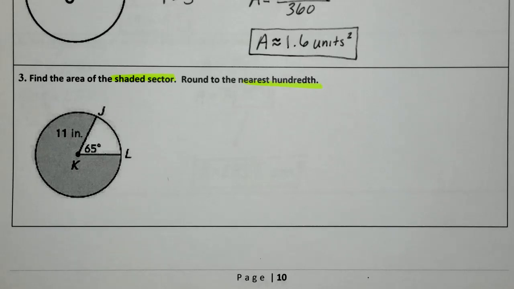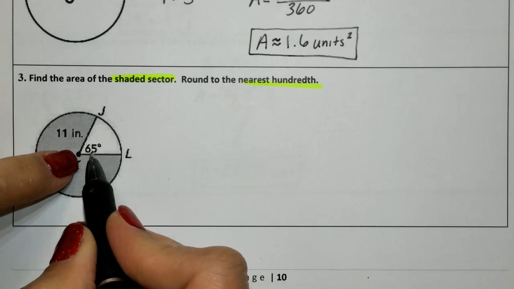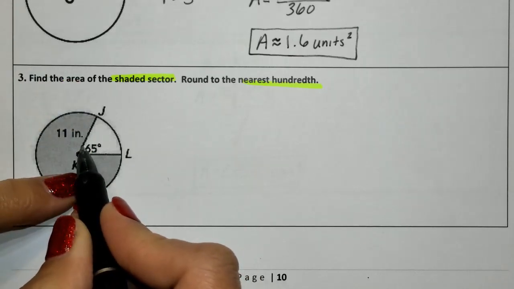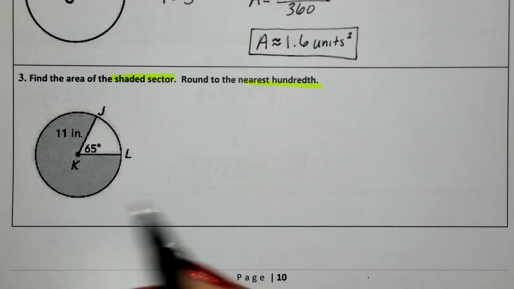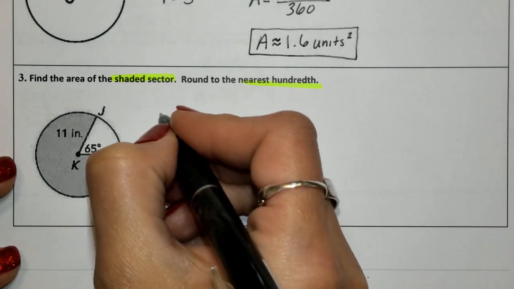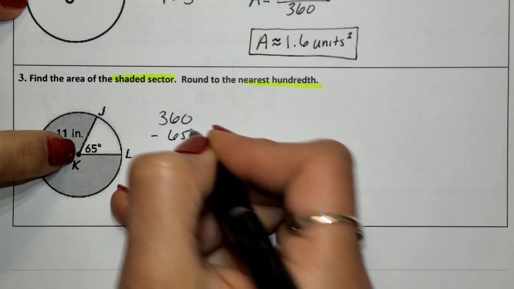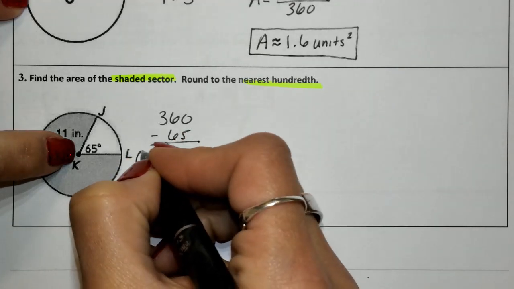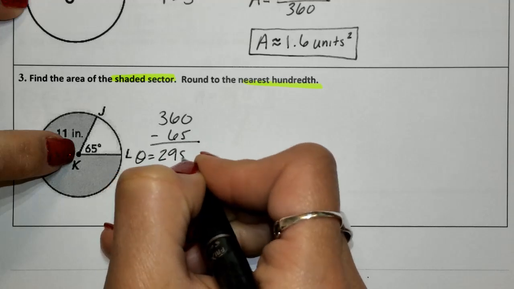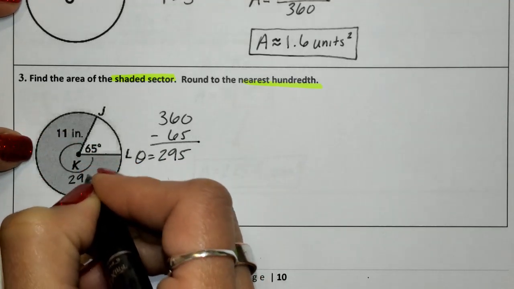All right, let's first start off with we need theta. 65 is not the theta of the shaded sector. It is what's left over from the 360. We want everything else. We have to take this 360 all the way around, get rid of the 65 that's in the non-shaded area to get 295. That is going to be the theta that we're going to use.